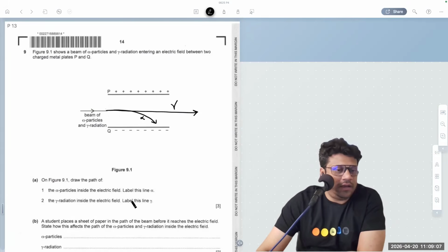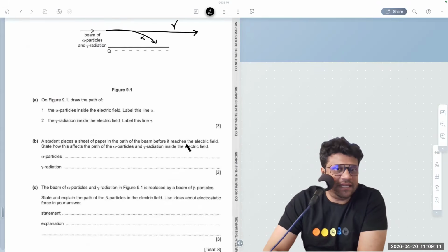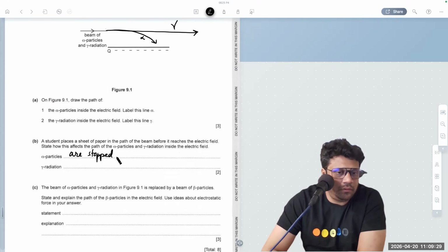A student places a sheet of paper in the path of the beam before it reaches the electric field. State how this affects the path of the alpha particles and gamma radiations inside the electric field. Well, alpha particles are stopped by the sheet of paper.